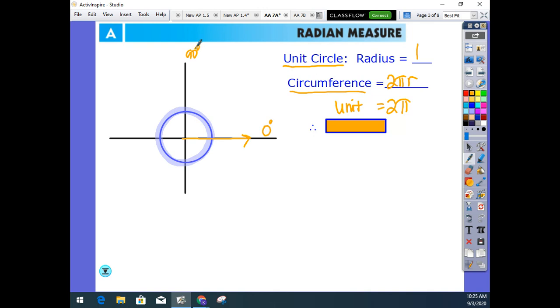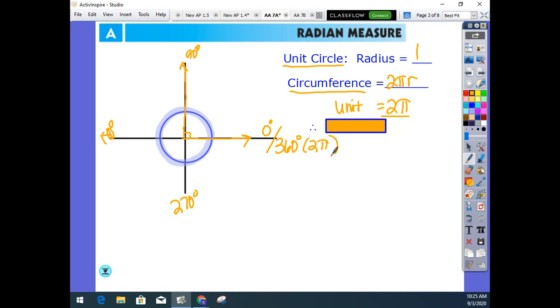This is your 90 degrees because that would be a right angle. This is 180 degrees, 270 degrees, 360 degrees. So if we want to see what that is in radians, all the way around the circle is the circumference. So that means 360 is the same as 2 pi.